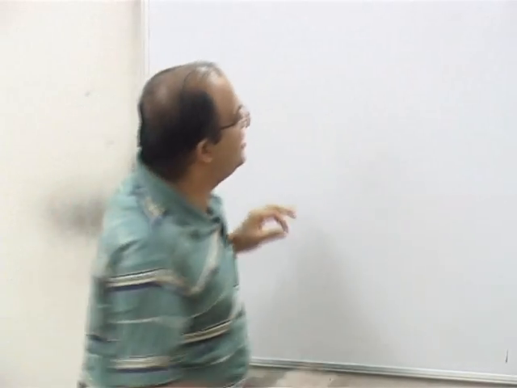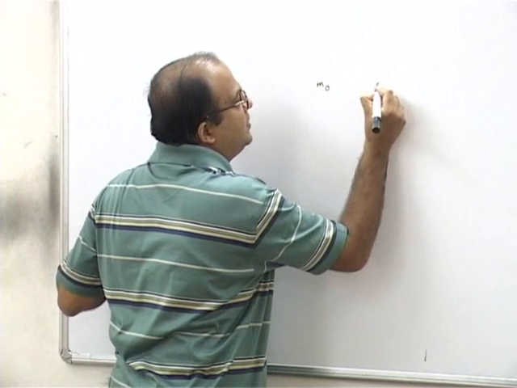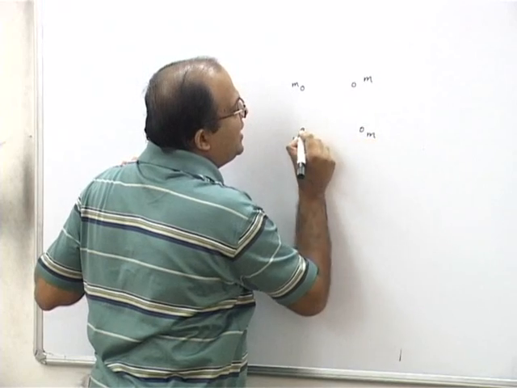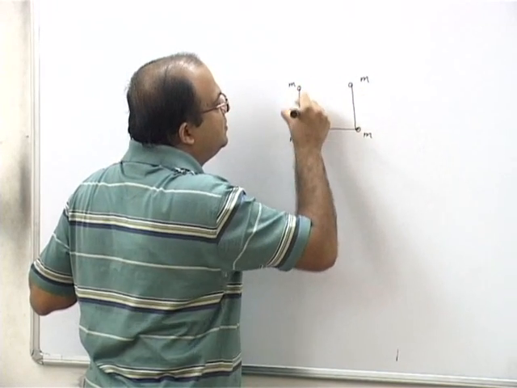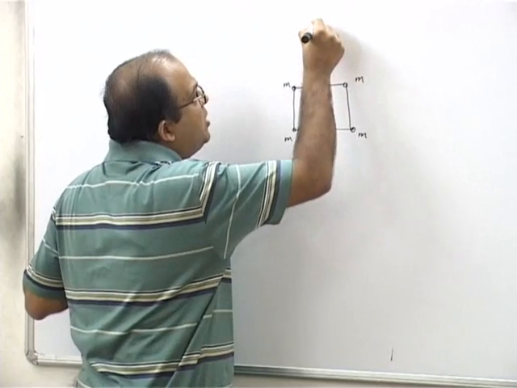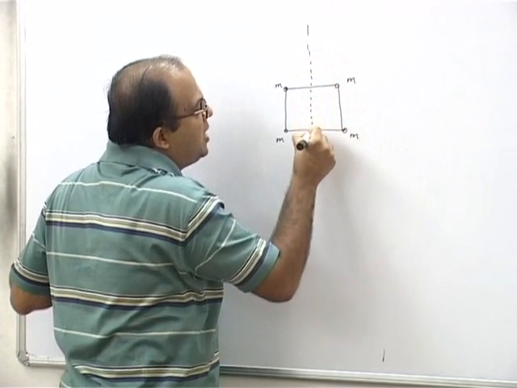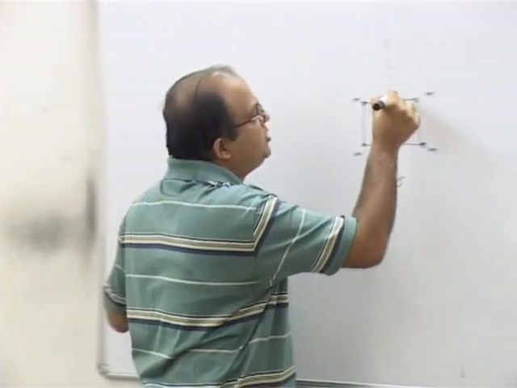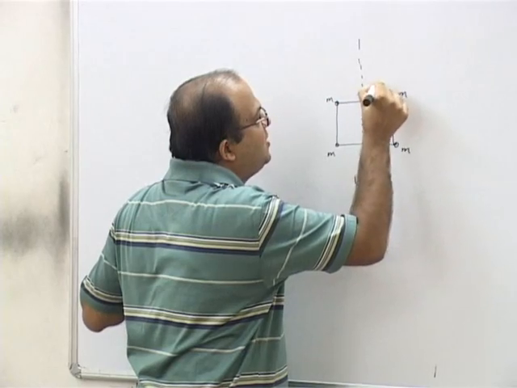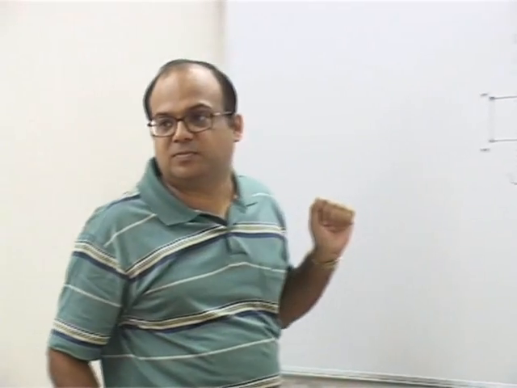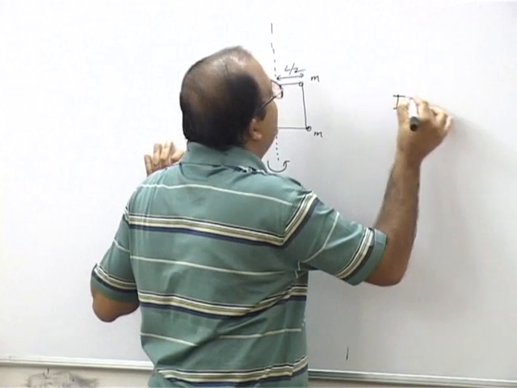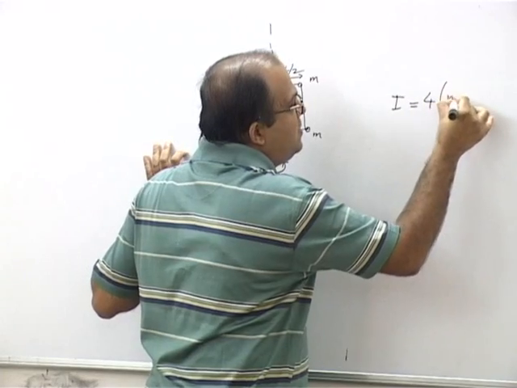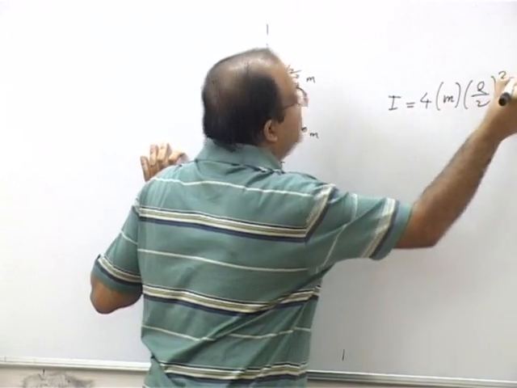Now let us consider the same 4 point masses located at the corners of the same square of side L. Now we want to find out the moment of inertia about this axis. Now the distance of each of these point masses from the axis becomes L by 2. So moment of inertia will be 4 into m into L by 2 square.